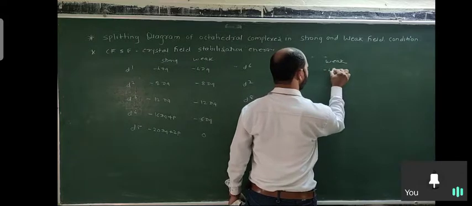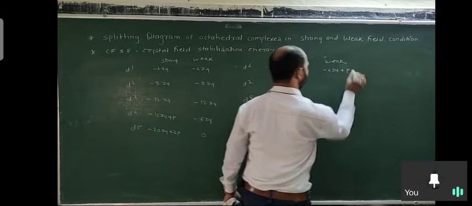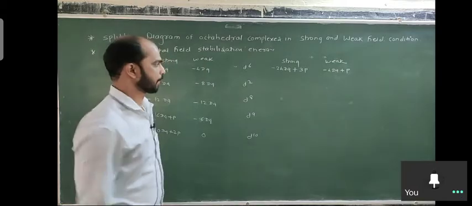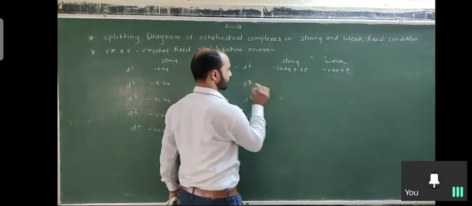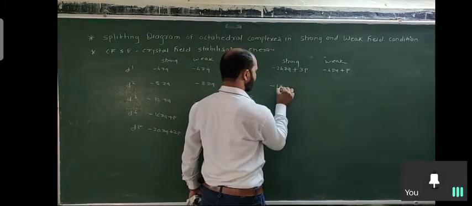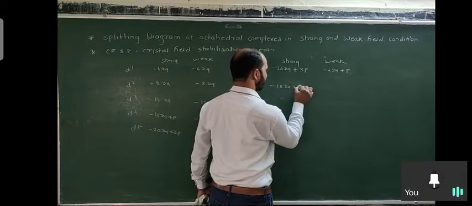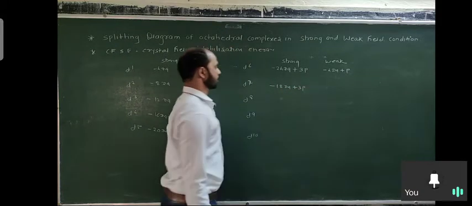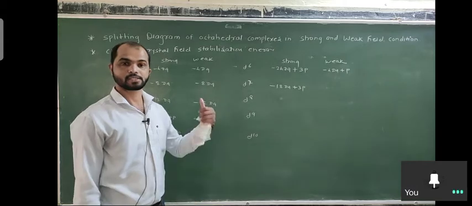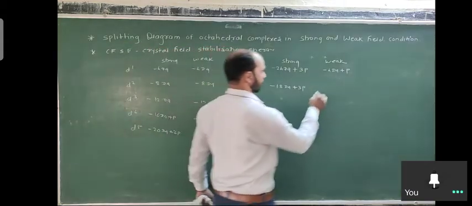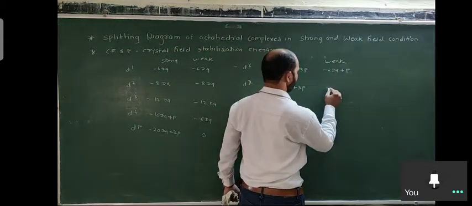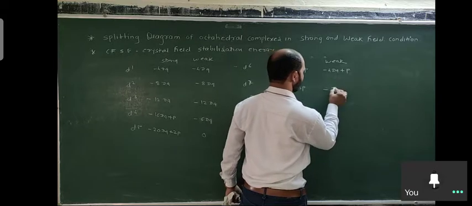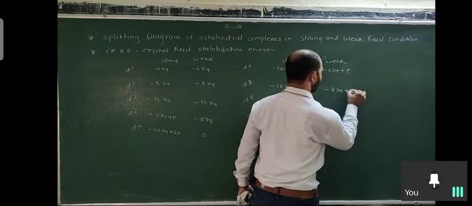In the D6 condition, here minus 24 Dq plus 3p, here minus 4 Dq plus p, minus 4 Dq plus p. For the D7 system, it is minus 18 Dq plus 3p, minus 18 Dq plus 3p, here minus 8 Dq plus 2p.